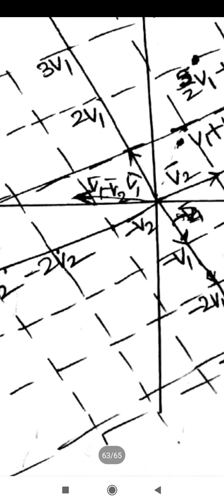And on the other side, on the negative side of the x-axis, in the second quadrant, we can see v1 minus v2. v1 bar is just nearer to the positive y-axis, and minus v2 bar is lying in the fourth quadrant, and in between these two vectors we can have the vector which is the sum of these two vectors, denoted by v1 bar minus v2 bar.